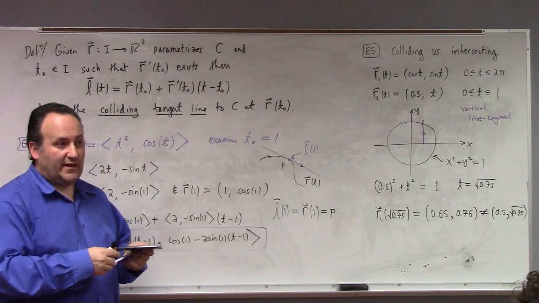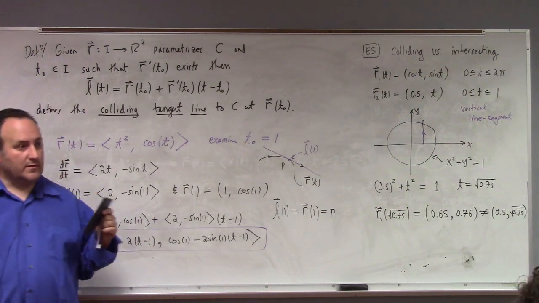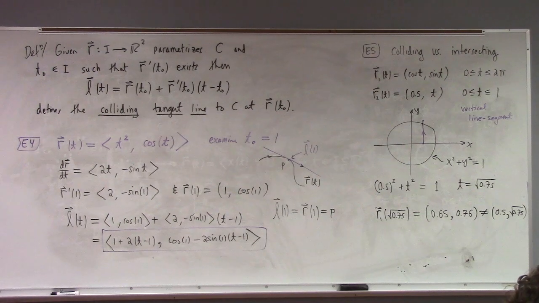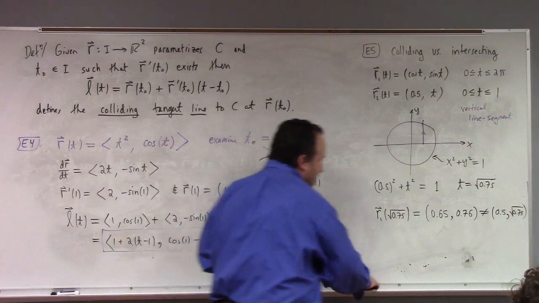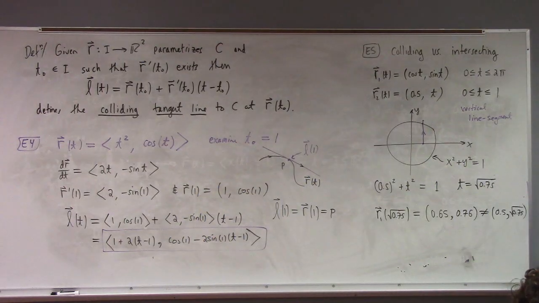So here's a question. How do you decide whether two arbitrary paths have a point of intersection? Just in case you ever come up against this problem in whatever context, basically it's just this.